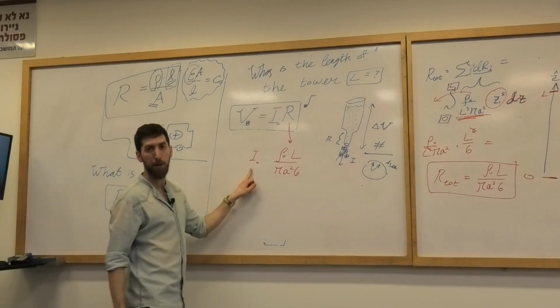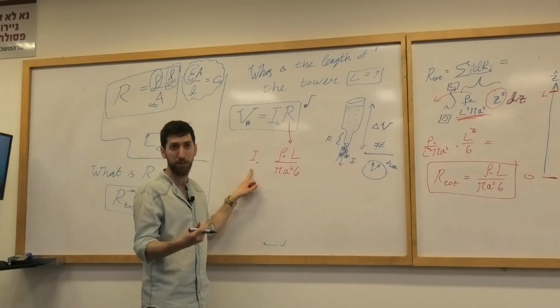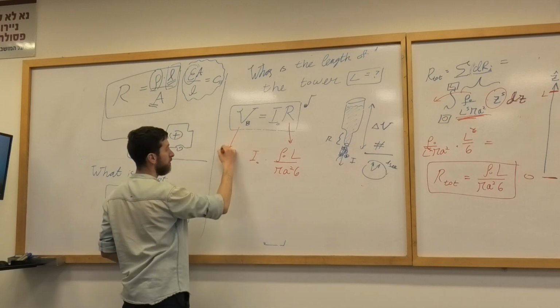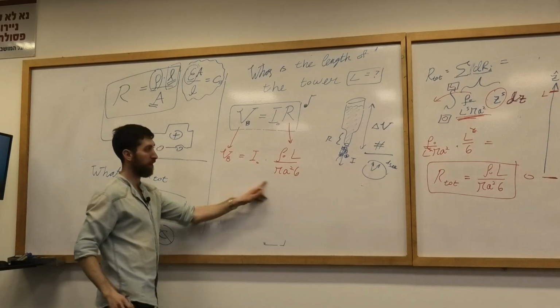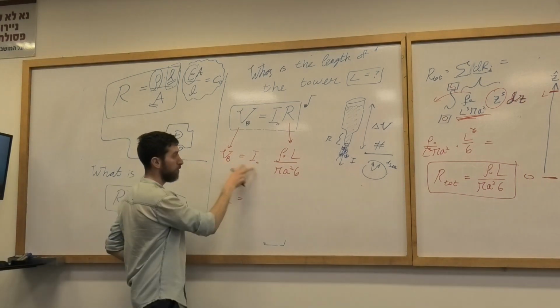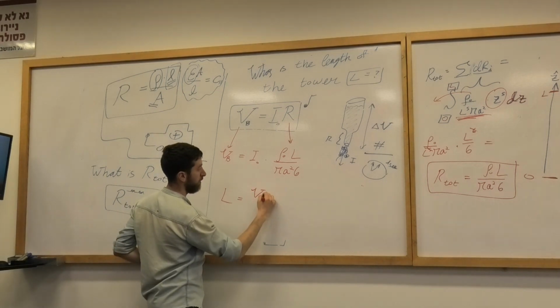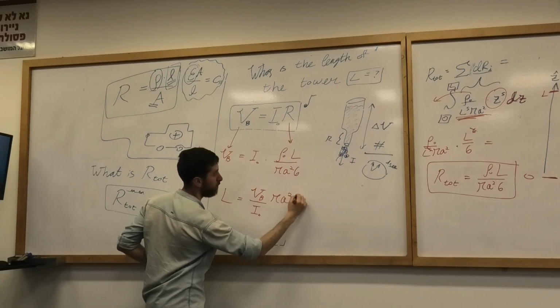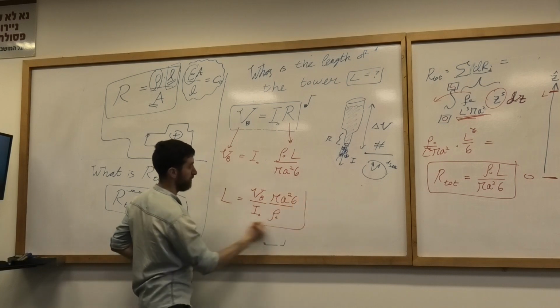We talked about the ampermeter as a selector in a party. You just count how many charges pass in 1 second, and we know the voltage of the battery. So we can extract L. The length of the tower is going to be VB divided by R multiplied by pi A squared 6 divided by rho 0.